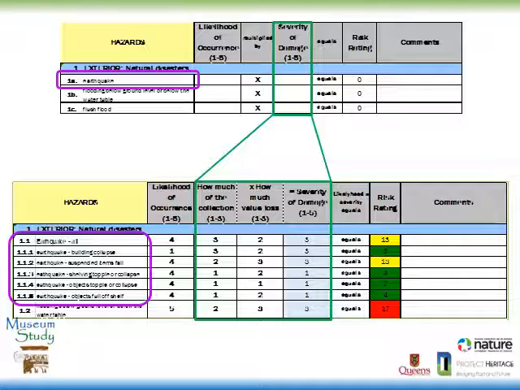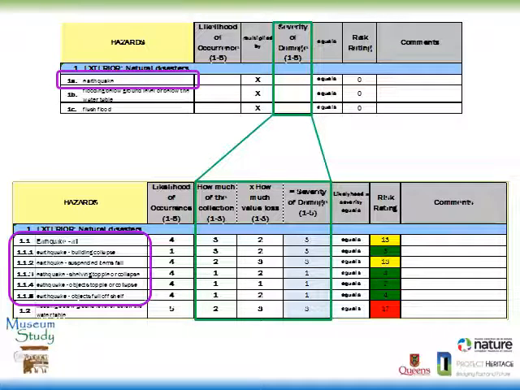2 questions. How much of the collection do we expect will be affected? Will it be all or just a part of the collection? And then how much of the value might be lost to that part of the collection that's affected? And those 2 variables are multiplied together to come up with a severity of damage that's then on a scale of 1 to 5.